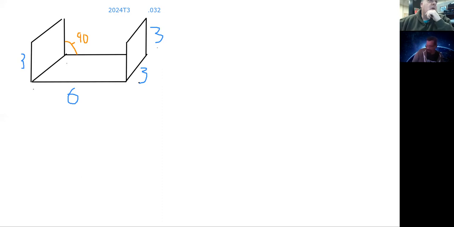So we are going to say, what material is this made out of? 2024-T3 aluminum. Yep, 2024-T3. What is the thickness? 0.032. 0.032 inches. We'll add that in there just because.